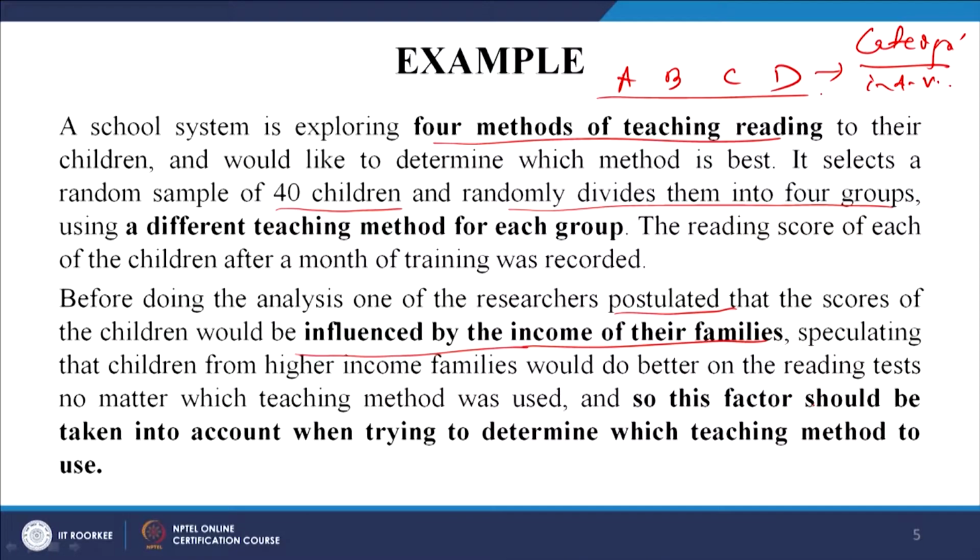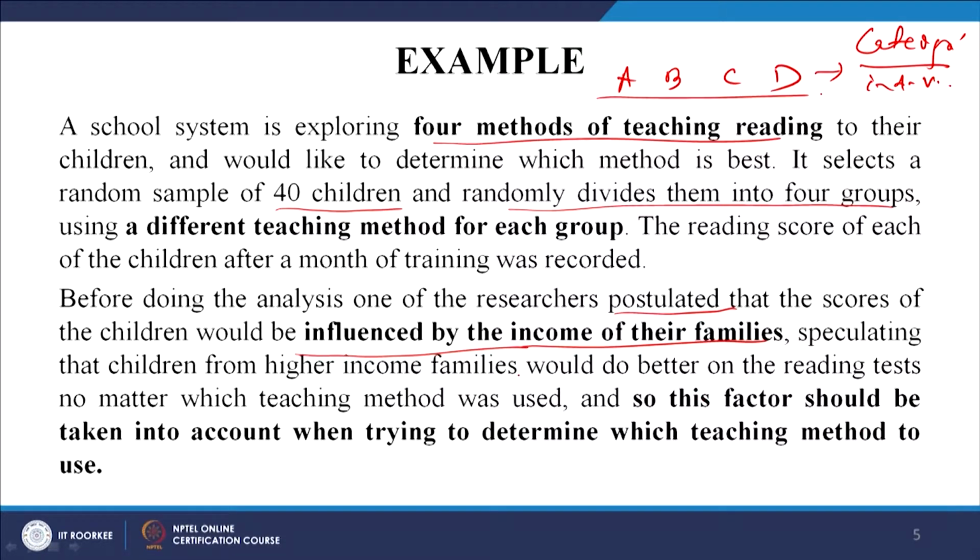Because maybe the children from higher income families have access to more books and better educational facilities, and their parents might be more educated than the rest. So, their reading habits would be better in comparison to those who are coming from a poor income family, right. So, this factor should be taken into account when trying to determine which teaching method to use.